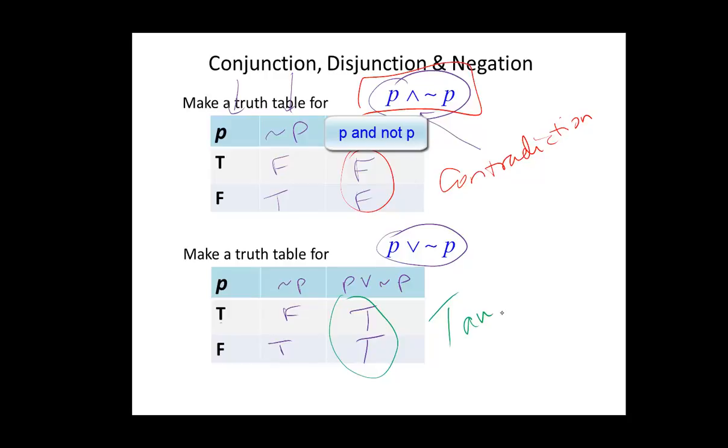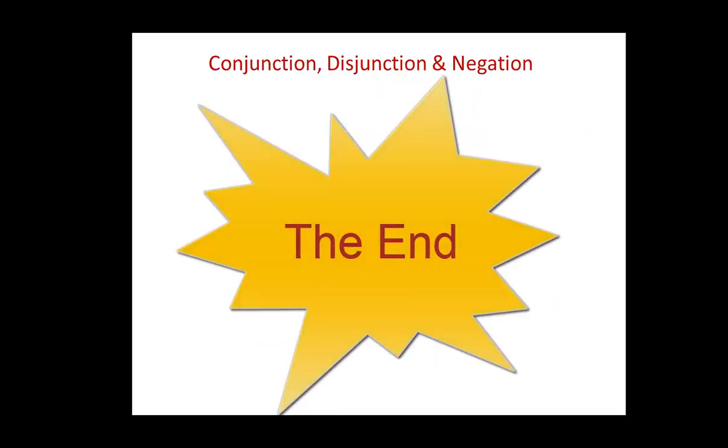That is a tautology. And think about what that says. It says we either have P or we don't have P. In that example I said a moment ago, either I do have a child or I don't have a child. That statement is always going to be true. I have a child or I do not have a child. That statement is always going to be true. That makes it a tautology. And that is the end of our video.